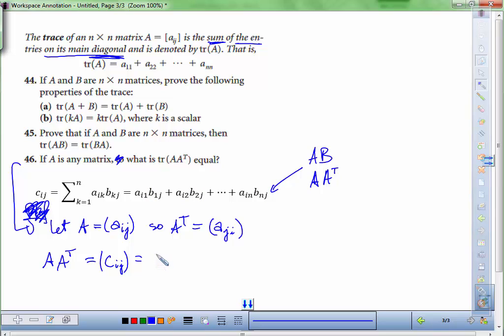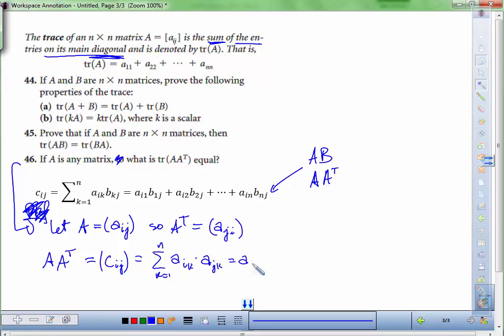So this is going to equal the sum of k from 1 to n of a_ik times, instead of b_kj, it's going to be a_jk, because it has to be the transpose, the subscripts have to switch.